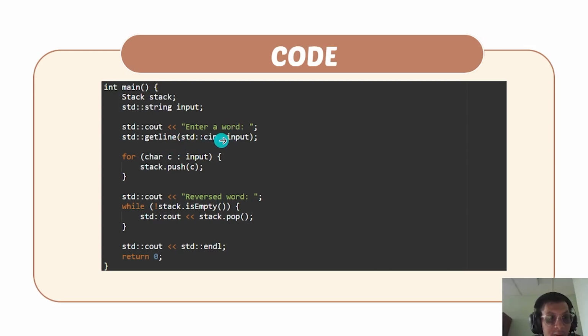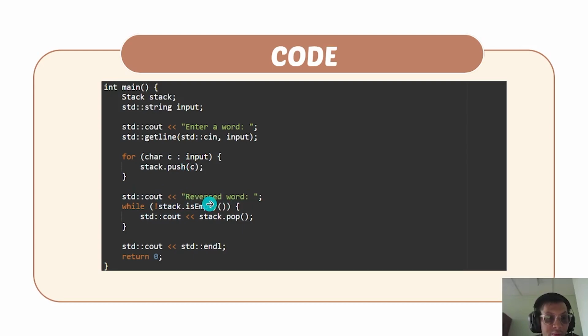Over here, getline reads the entire line of input from the user and stores it in the input variable. Over here, the for loop goes through each character c in the input word. Stack push will push the character onto the stack, so they are stored in reverse order when we later pop them up.